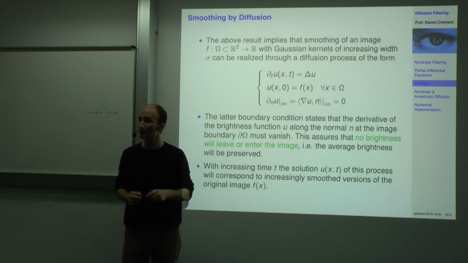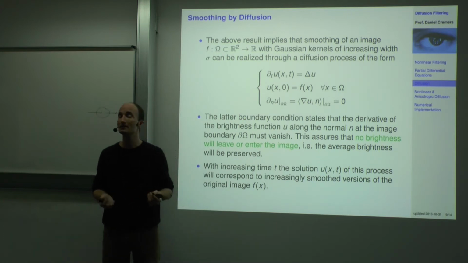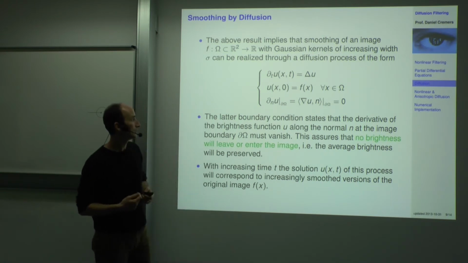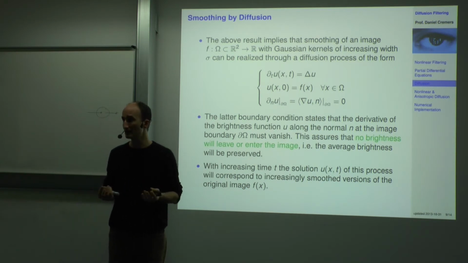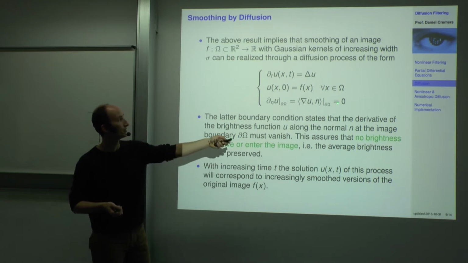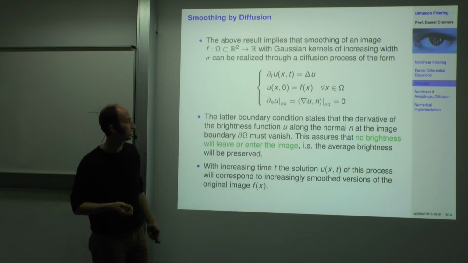The average brightness will change in the image, and this is something typically you don't want. In these numerical implementations, you typically want the average brightness to be preserved. And so this is why you typically impose this condition as a boundary condition.